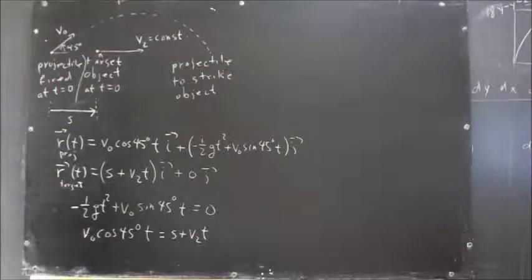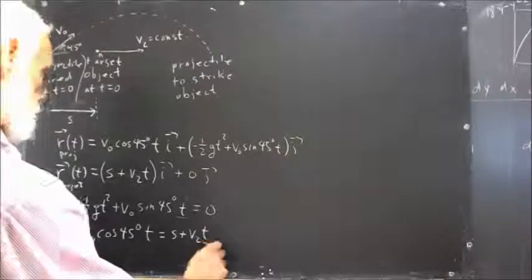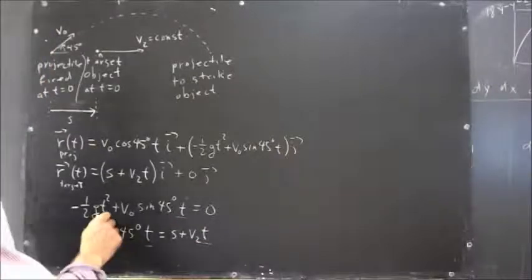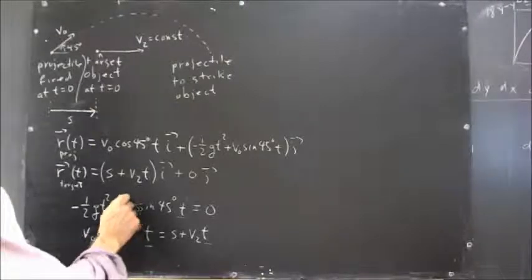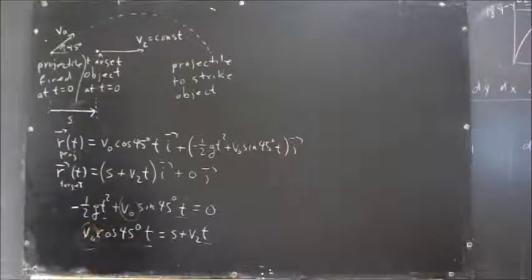So now we have two equations in two unknowns: t, which appears here, here, here, and here, and v naught, which is here and here. All the other parameters are presumed to be known, so it becomes straightforward to solve.